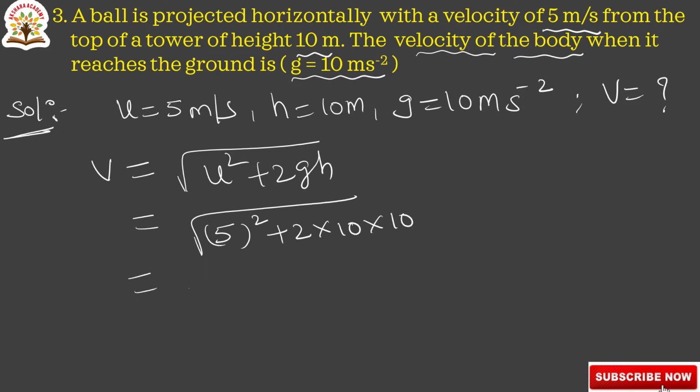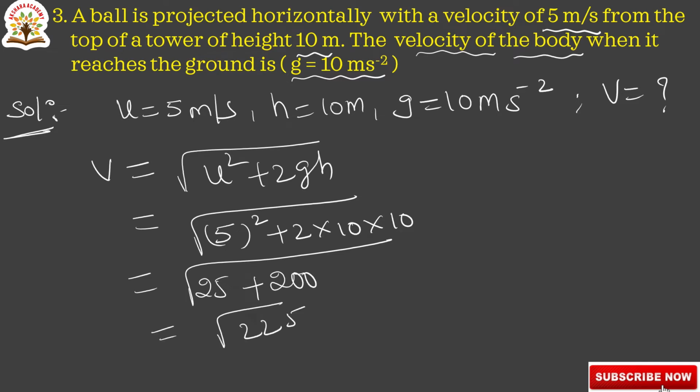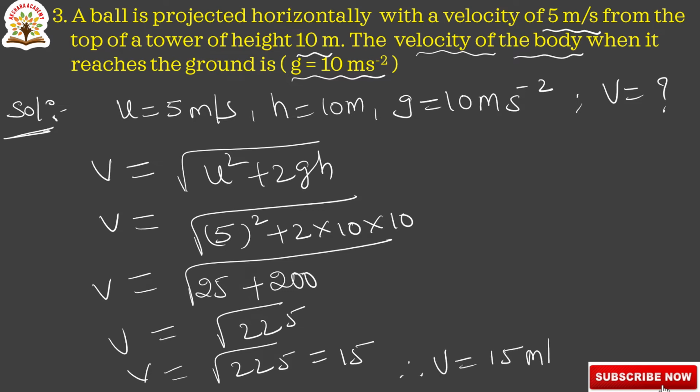That is 25 plus 200, which is 225. So v is equal to root of 225, that is 15. Therefore, v is equal to 15 meters per second, the velocity of the body when it reaches the ground.